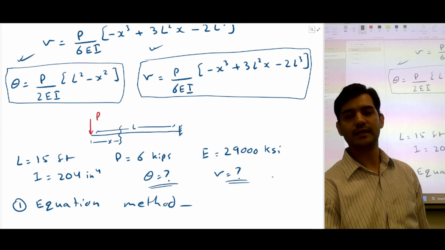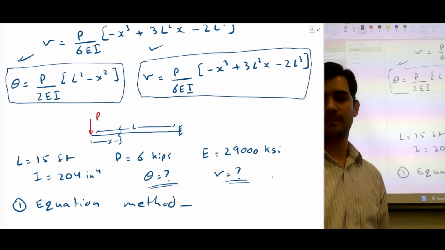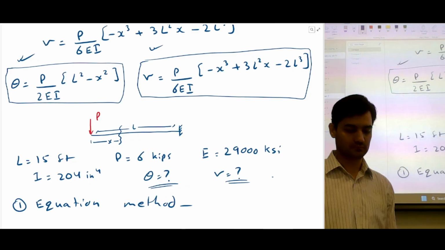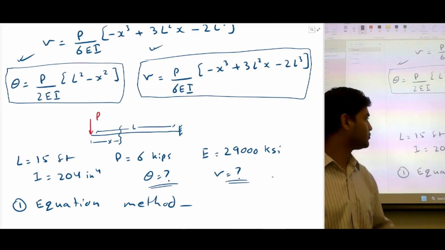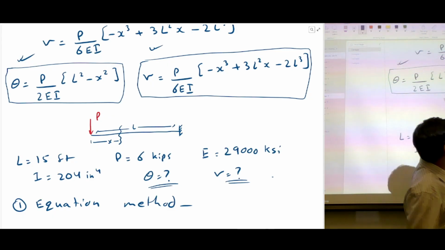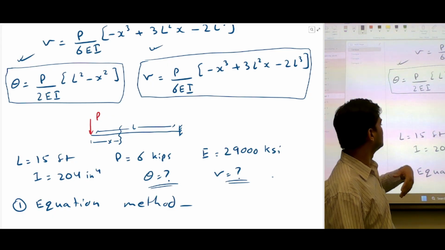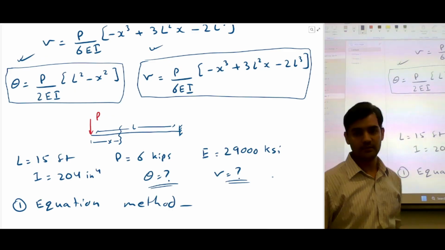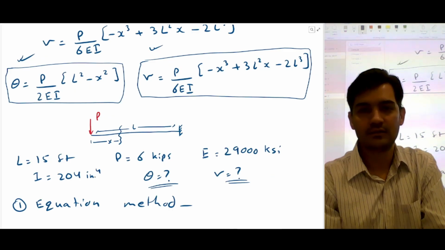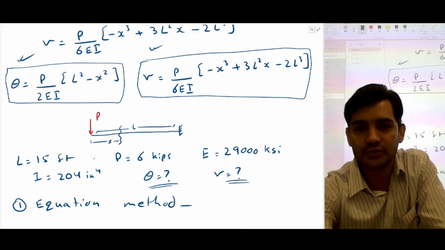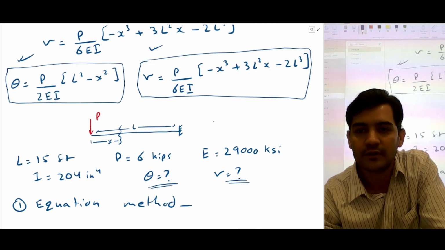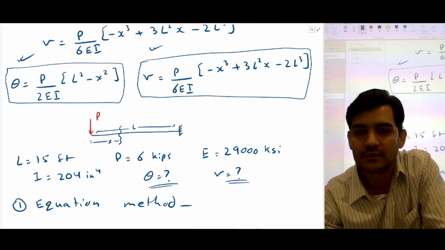So if someone has the answer, they can let me know. You have to feed these values in these equations, and then let me know what the bending angle is.